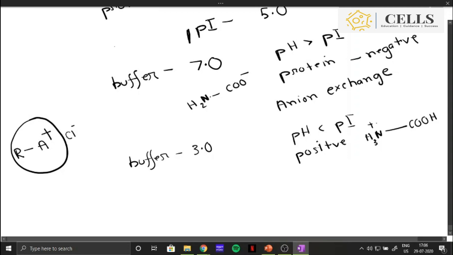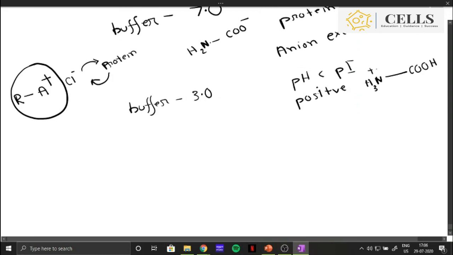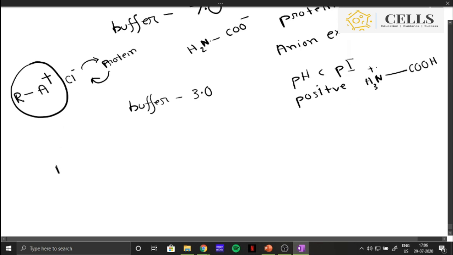You use the protein, it is exchanged with our protein. Now you have resin plus bound to our protein minus. Fine. Now you use NaCl again.